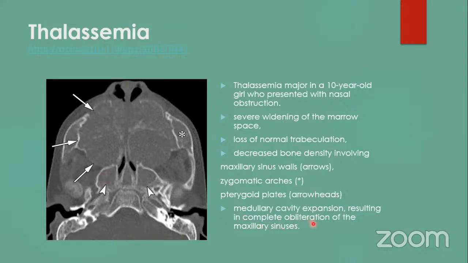So we have the medullary cavity expansion resulting in complete obliteration of the maxillary sinus. We cannot see the sinuses because there was failure to pneumatize. And also when the medullary cavity of the walls expands, even if you had the sinus, it will become completely obliterated.